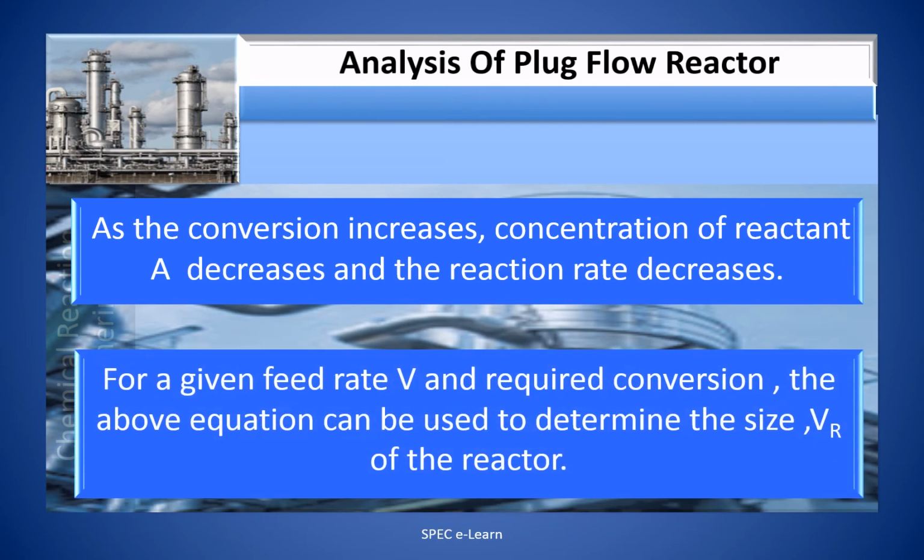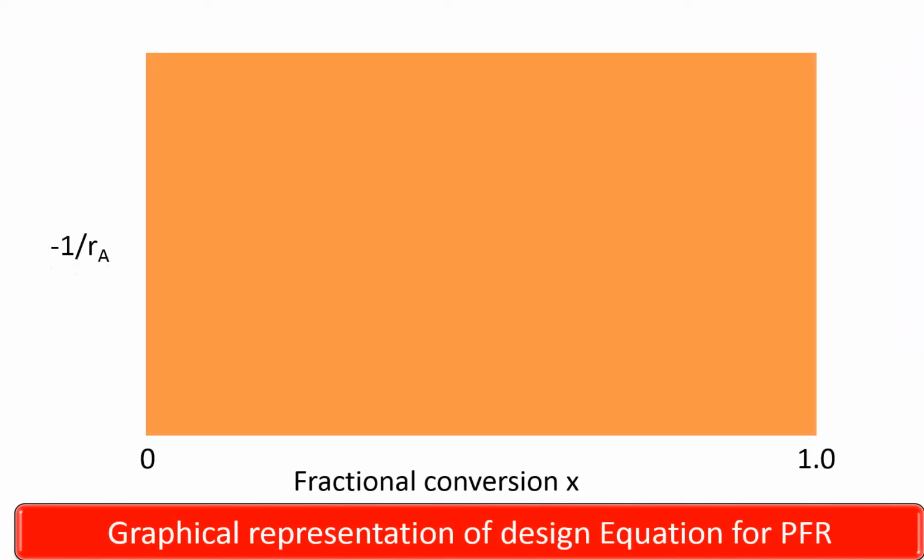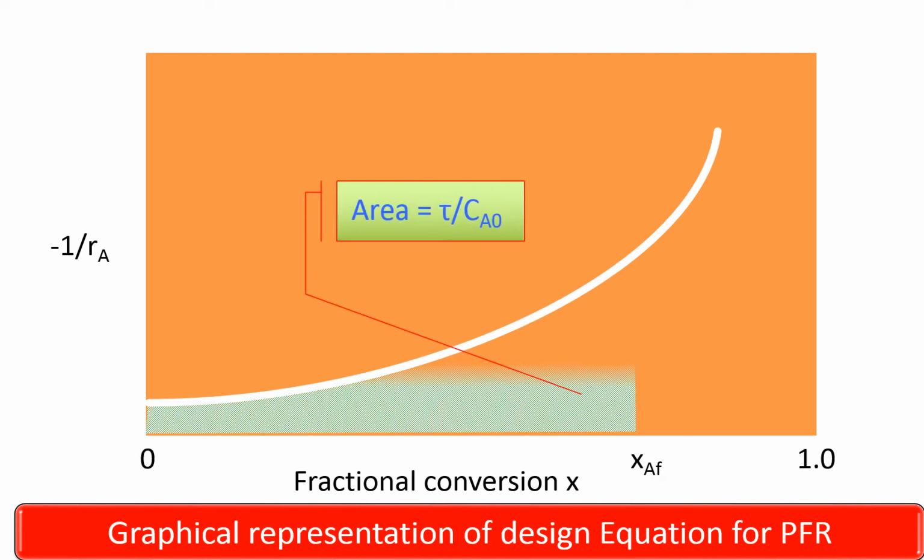For a given feed rate V and required conversion, the above equation can be used to determine the size Vr of the reactor. Illustrated here is a plot of minus 1 by Ra versus the conversion of reactant A. The area under the curve is tau by Ca0.